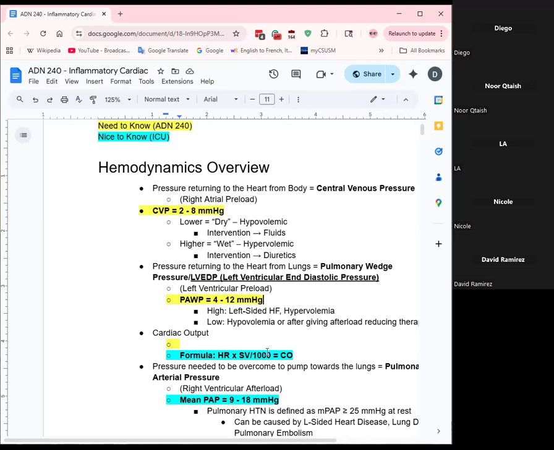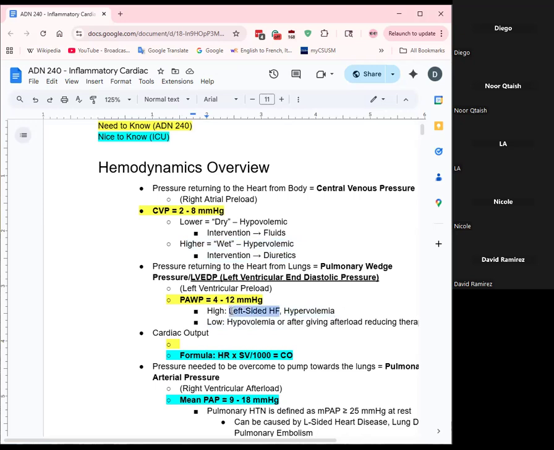It could be because there's too much fluid going on, so the hypervolemia. So for example, if you have a lot of fluid in your circulation and your body's able to pump it through, you're going to have that high pressure buildup for the same reason you're having that high pressure buildup on the right side of the heart. The same thing is happening on the left.